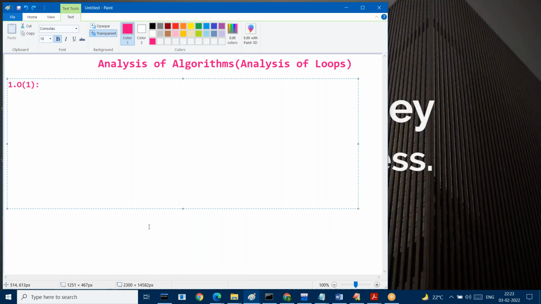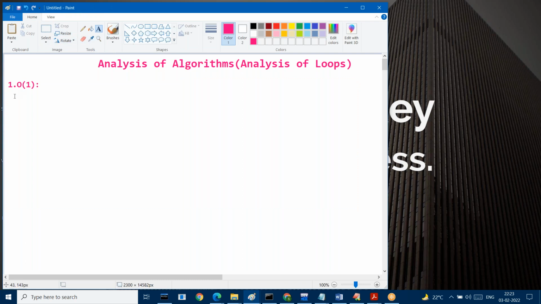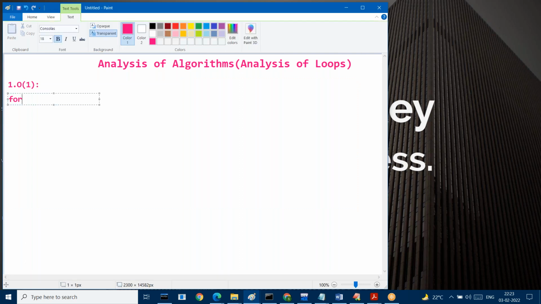Suppose you are having a loop like this. Don't think that a loop always means complexity will be, sir, big O of n, big O of n square. No. I'm writing a for loop like this: for i equal to 1, i less or equal to c, i plus plus.